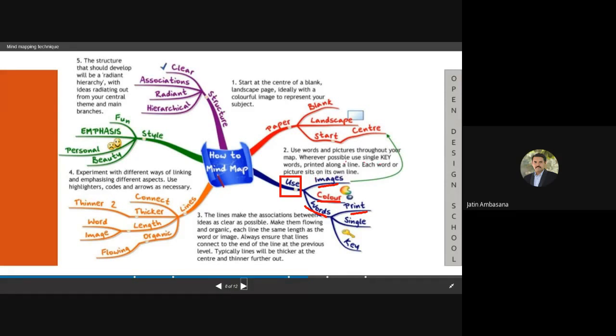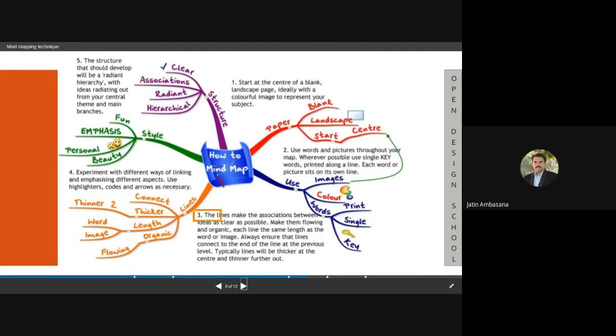Wherever possible we have to use a single keyword. So you see, single is there, key is there. So single keywords have to be used. See, this statement has been broken into this particular branch, this use branch. Then we have this.